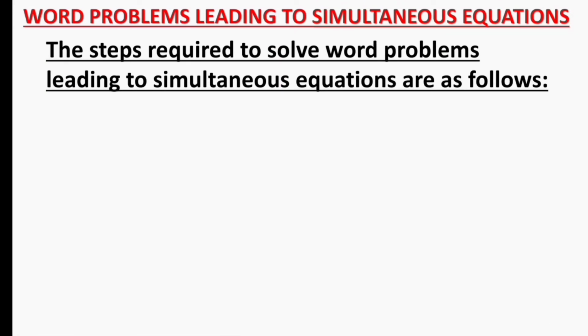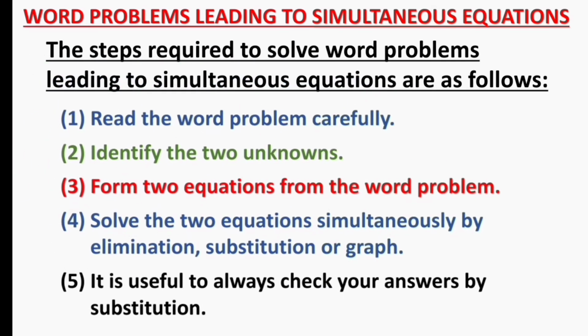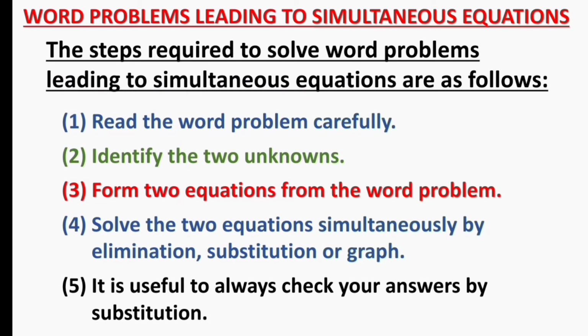Moving on, let's learn about word problems leading to simultaneous equations. The steps required to solve word problems leading to simultaneous equations are as follows. Step 1. Read the word problem carefully. Step 2. Identify the two unknowns. Step 3.